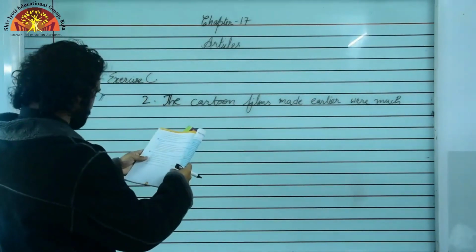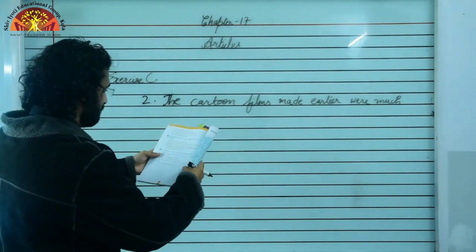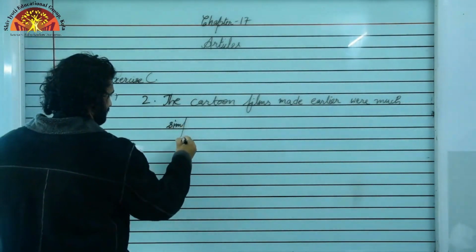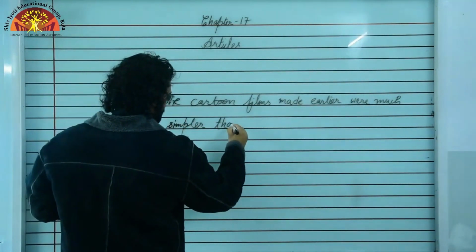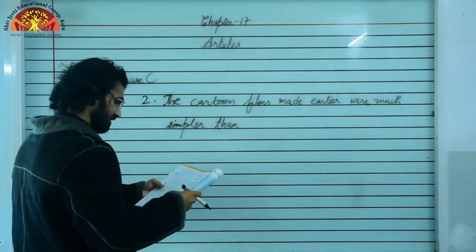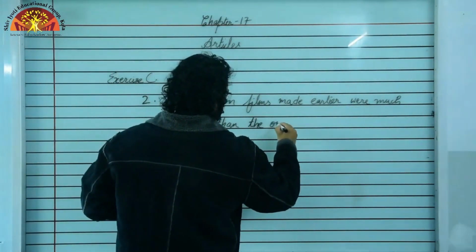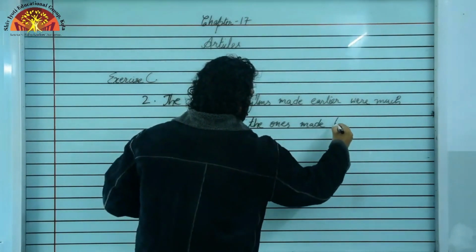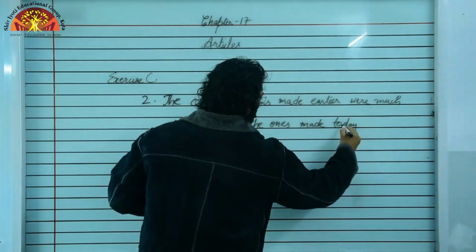See the second one in your book, page number 80. The cartoon films made earlier were much simpler than the ones made today. So can you see the article the in this sentence?